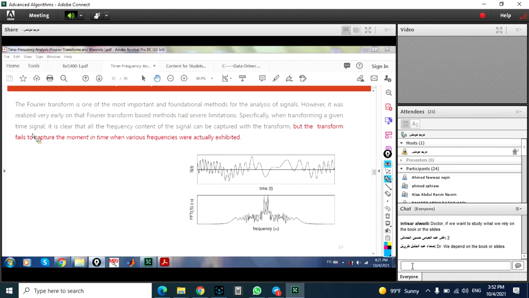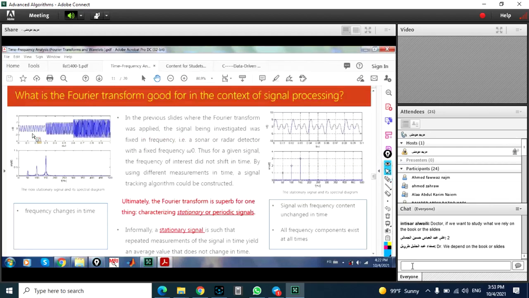What is the Fourier transform good for? What are the advantages, the benefits of using the Fourier transform? Why do we use the Fourier transform? Please consider two signals, left and right.